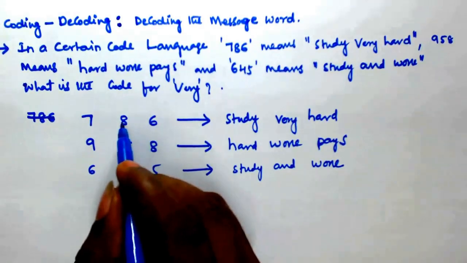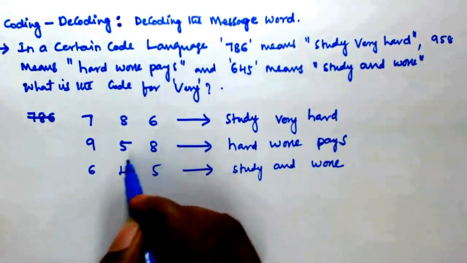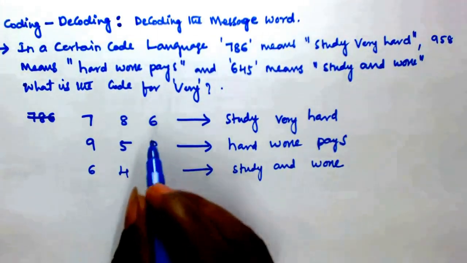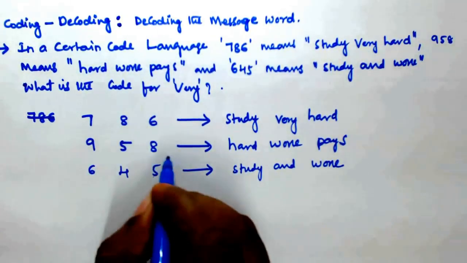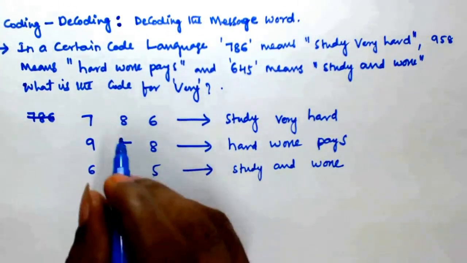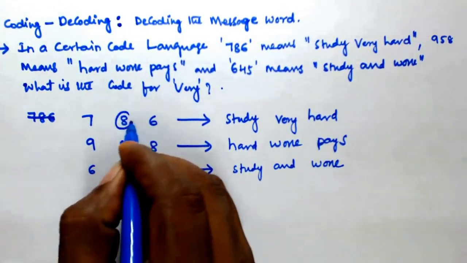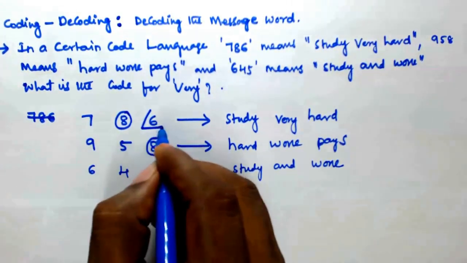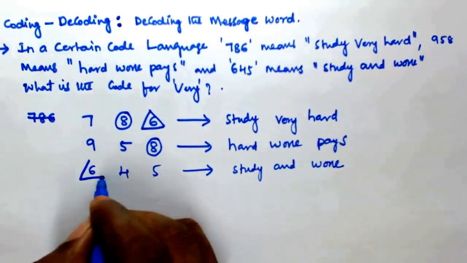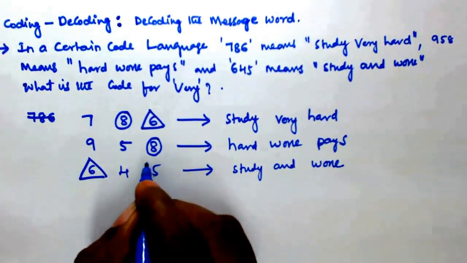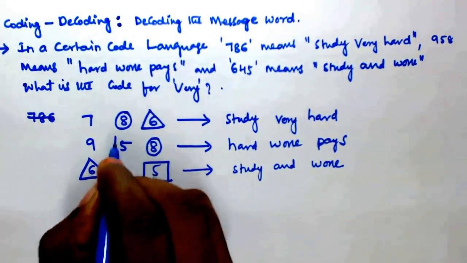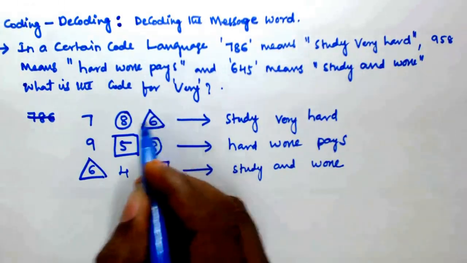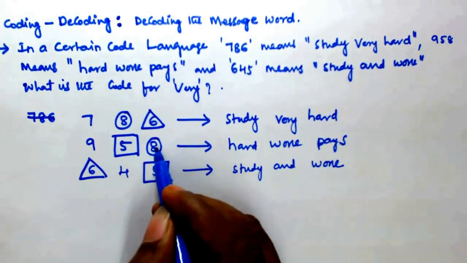Here we can find 8 and here we can find 8, and here we can find 5. Wherever you find the common numbers, let's give one distinct symbol. Here we have 8 and here also 8; here we have 6 and here also 6; here we have 5 and here also 5.